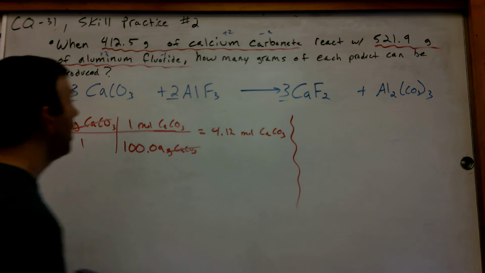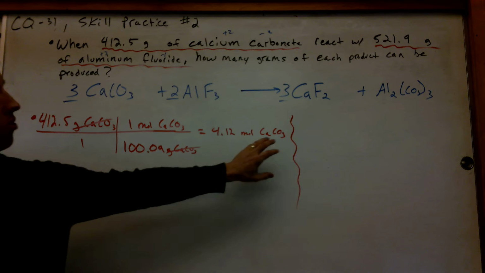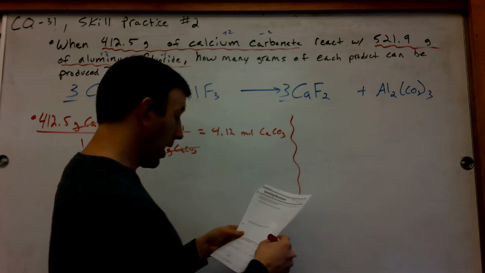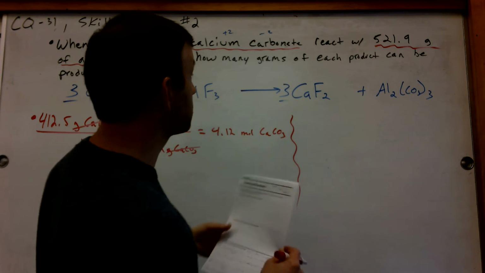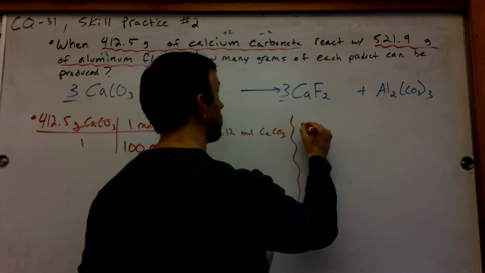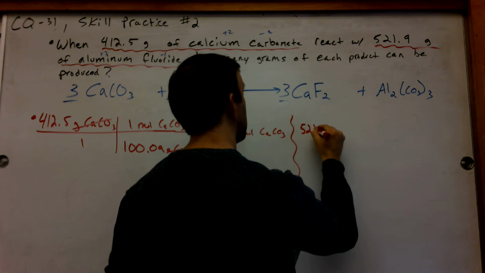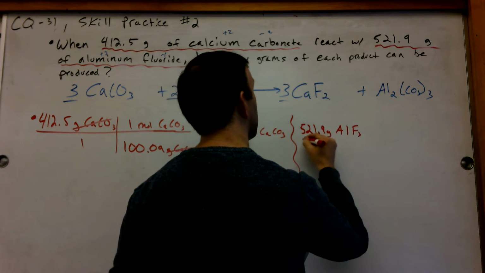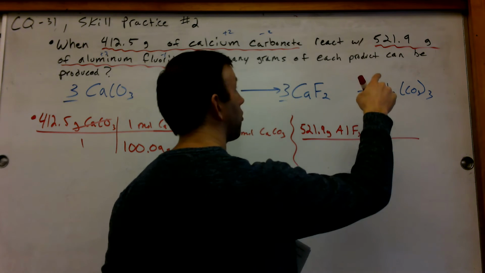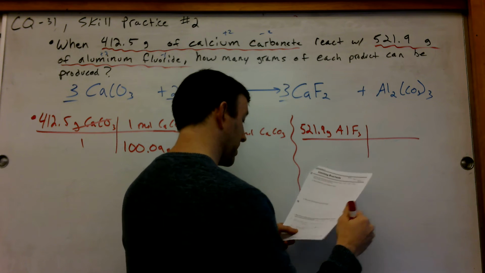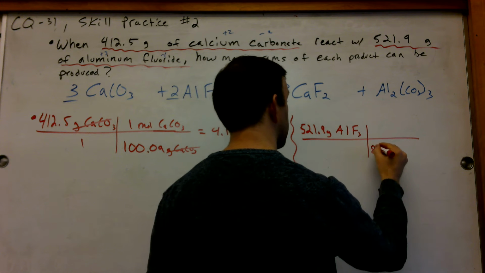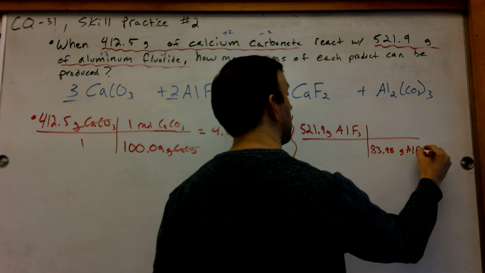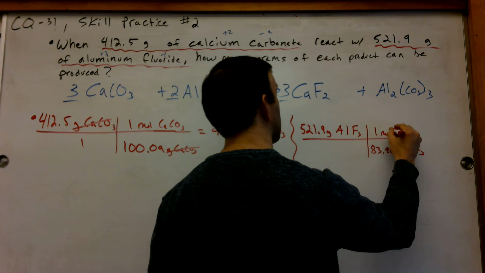Okay? Now, I'm going to do the same thing over here with my aluminum fluoride, right? So, according to the question, I am starting with 521.9 grams of aluminum fluoride, and 3 fluorines plus 1 aluminum gives me a mass of 83.98 per one mole.